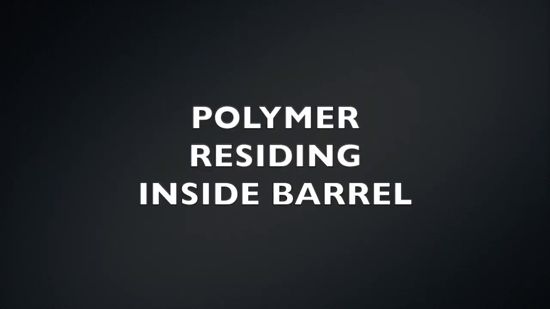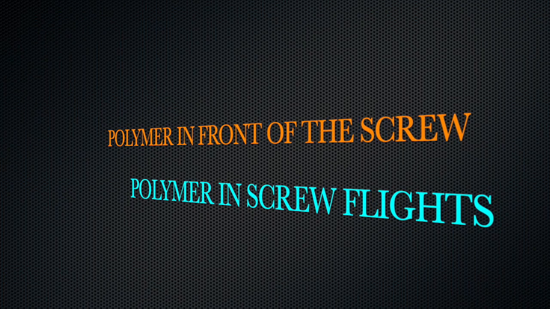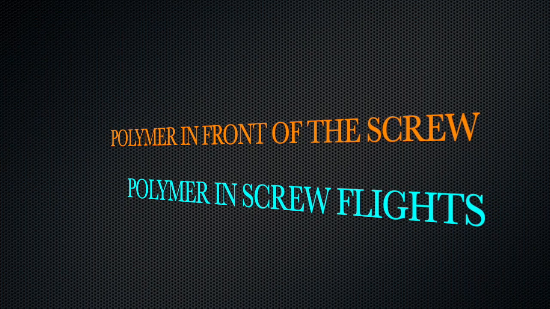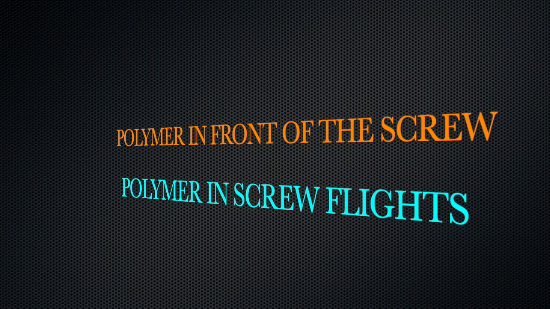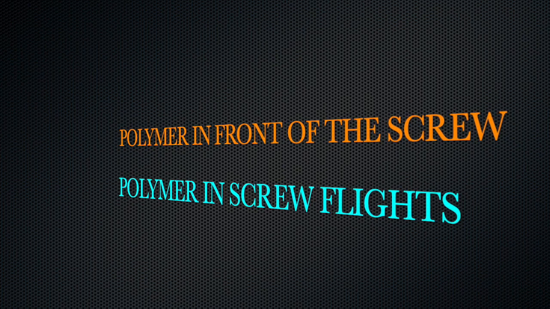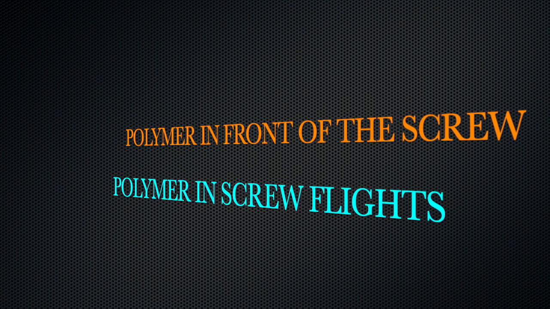Let's understand how much polymer is residing in the barrel at any given instance of time. Polymer residing in the front portion of the injection screw. If the screw has completed the charging stroke, this is, at least, the same as the overall shot weight. Polymer also resides in the injection screw flights. Overall barrel capacity will be more than overall shot capacity.